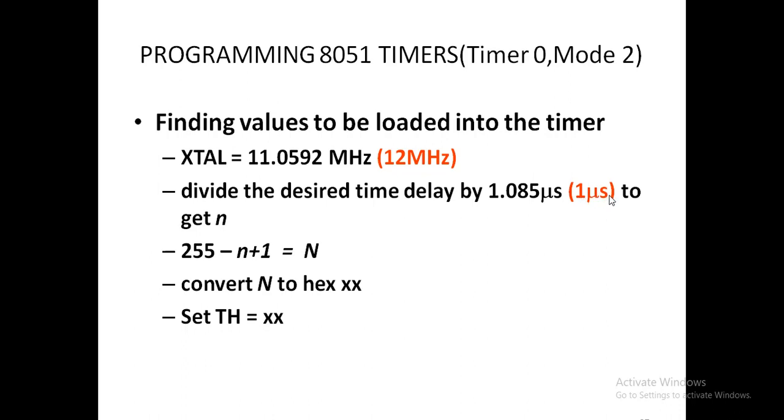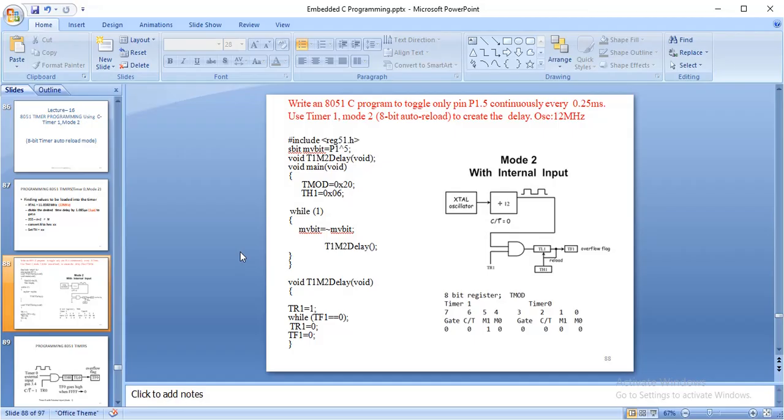Every 1 microsecond your TL1 register is going to increment. Now because this is an 8-bit timer, the maximum value I will get is 255. So 255 minus n, plus 1, is equal to the value to be loaded. So how to calculate n, we will see.